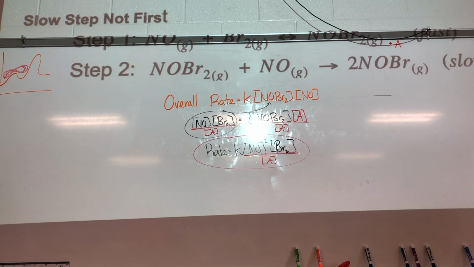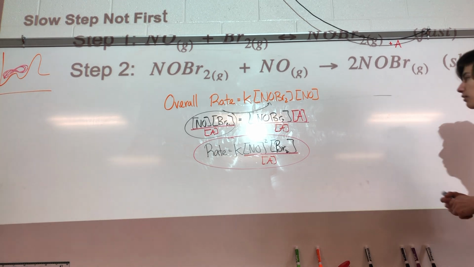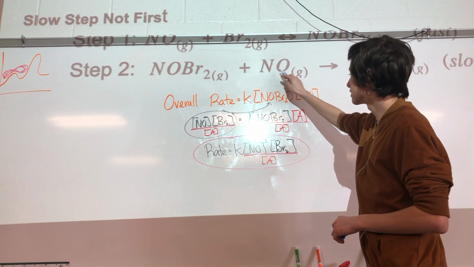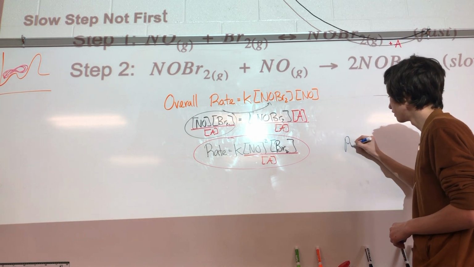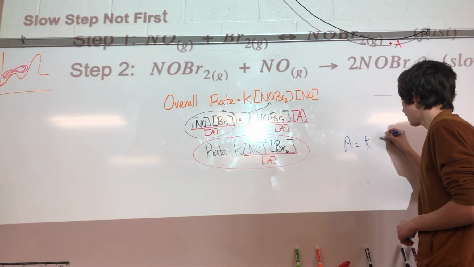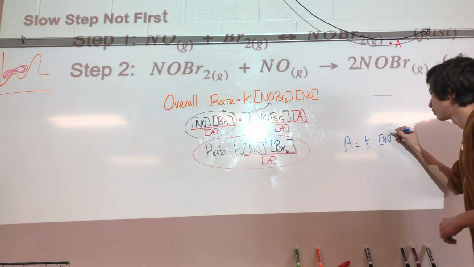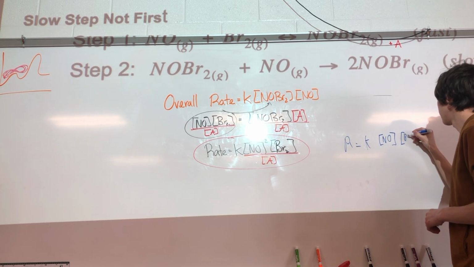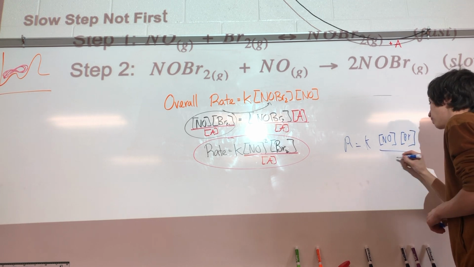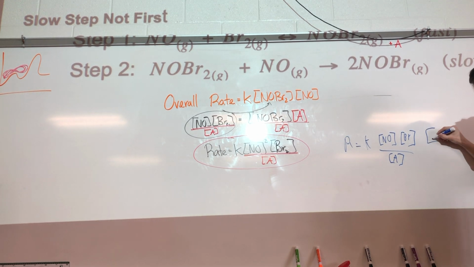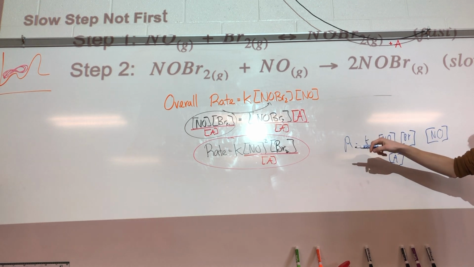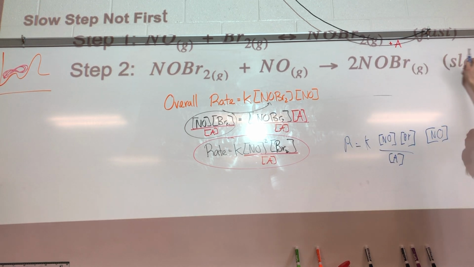No, A is just going to be A. It's just that because we combined this NO from our other one, would the rate be rate equals K NOBr divided by A, and then another NO, because we combined them, and this is being divided, or the step 1's rate law is being divided by A. Oh, I see what you're saying now.